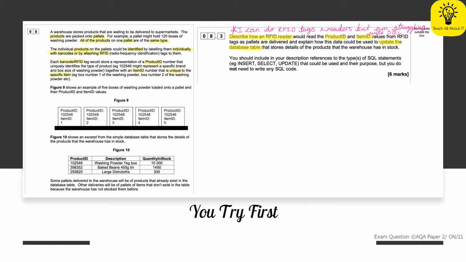And then you need to include types of SQL statements, and really important, you do not need to write any SQL code. So there's no need to write long reams of SQL here, but you do need to refer to the types of statements that you would use. Okay, so pause the video, have a go yourself, and then we'll look at our student's answer.